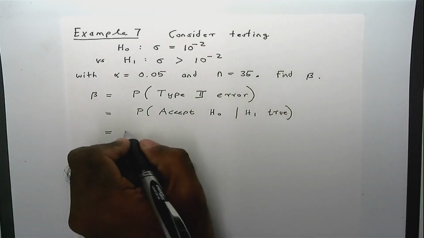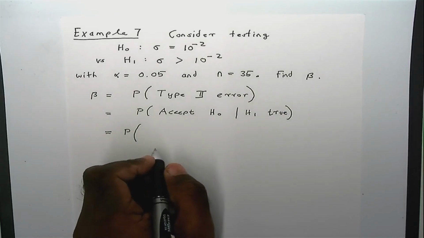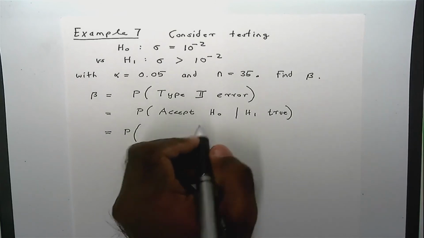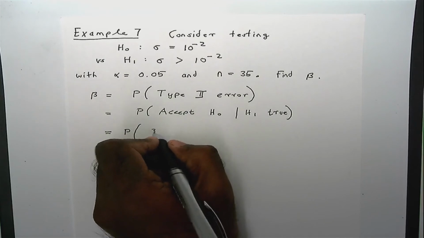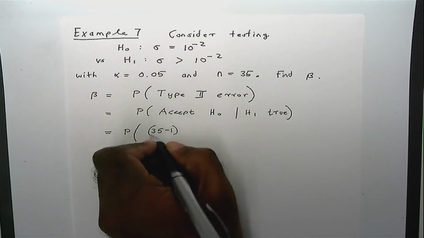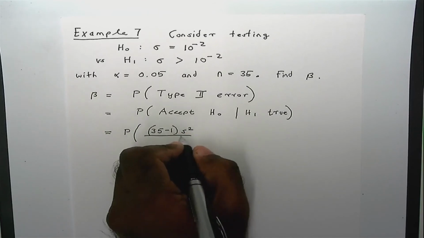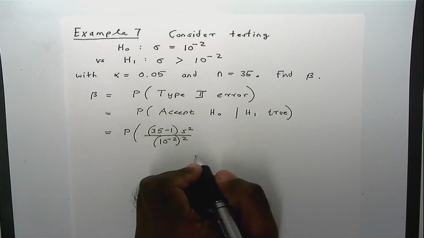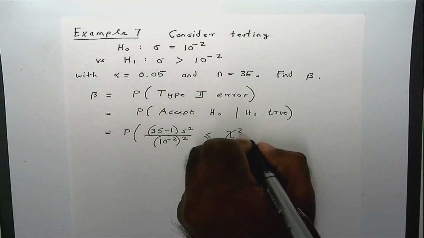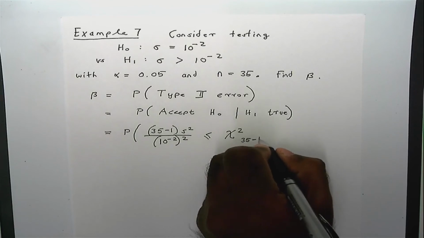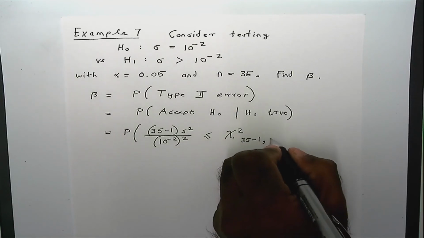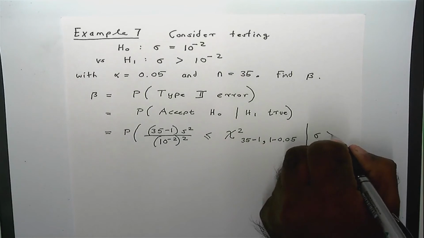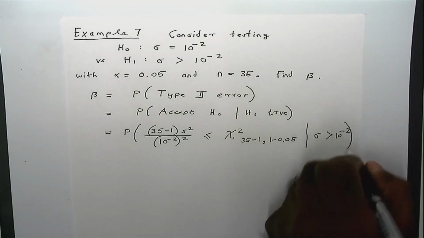If you look at the video I mentioned a second ago, you will see that the rule for accepting the null hypothesis is n minus 1, which is 35 minus 1, times s squared, the sample variance, divided by sigma squared, less than or equal to chi squared with n minus 1 degrees of freedom, which is 35 minus 1, and 1 minus alpha, which is 1 minus 0.05, given that sigma is greater than... This is H1.